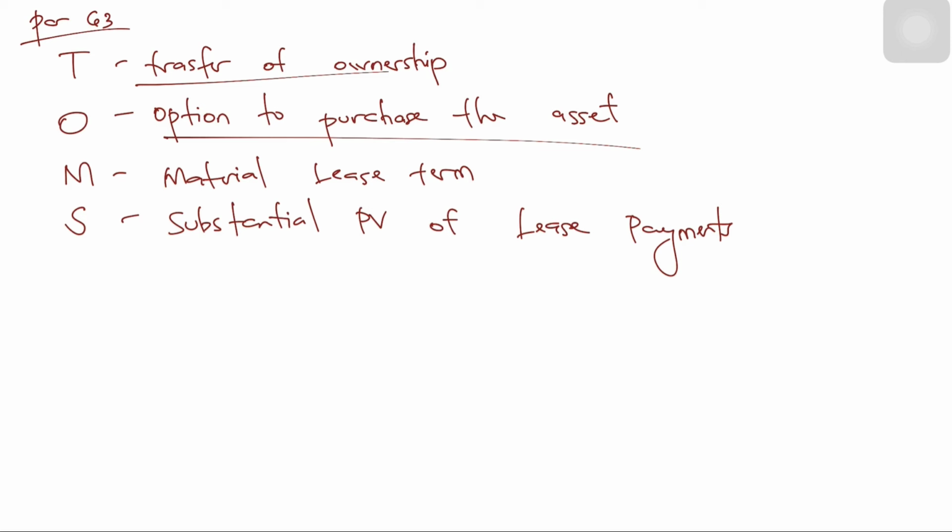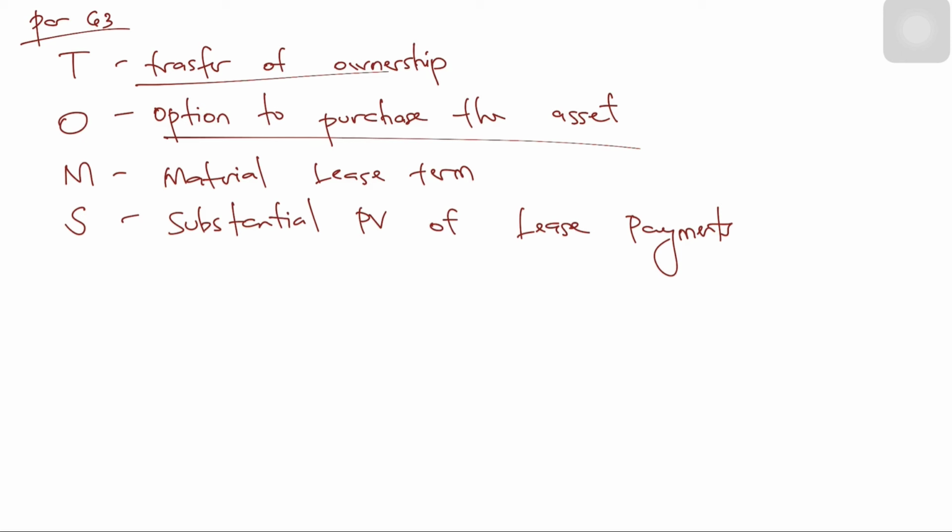Pero may requirement dito sa letter O eh. Sir, ano po yun? Lagi mong tatandaan na dapat sasabihin ng problem that at the inception of the lease, it must be reasonably certain that the option will be exercised. So, if at the inception of the lease, wala namang balak i-exercise ni lessee yung option na yan, see to it na operating lease pa rin tayo.